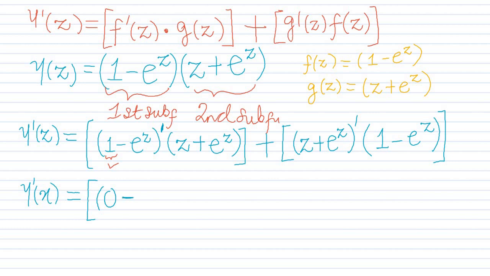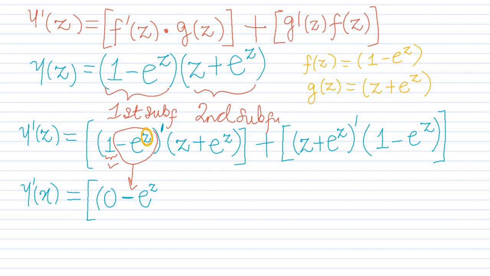Differentiation of negative e to the z is basically e to the z. Basically, differentiation of anything that is an exponent to a variable by itself is just basically that thing. Let me explain how we got this. The derivative of negative e to the z is the same thing as negative e to the z, because we're going to first of all drop this information down, and then we're going to derive what is at the top, or what is the power of e.